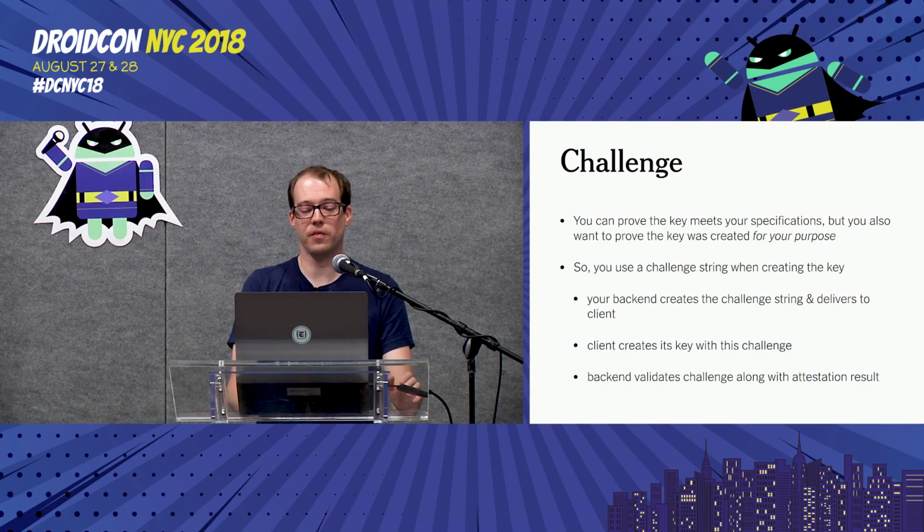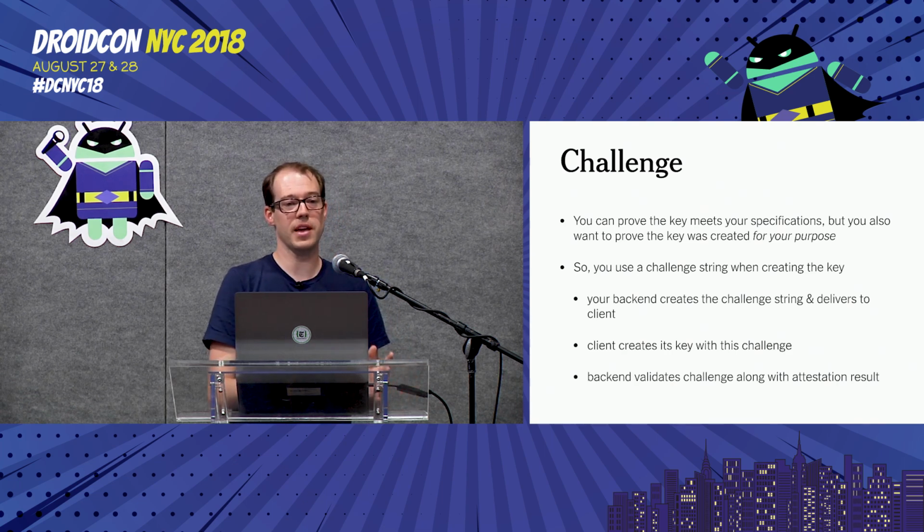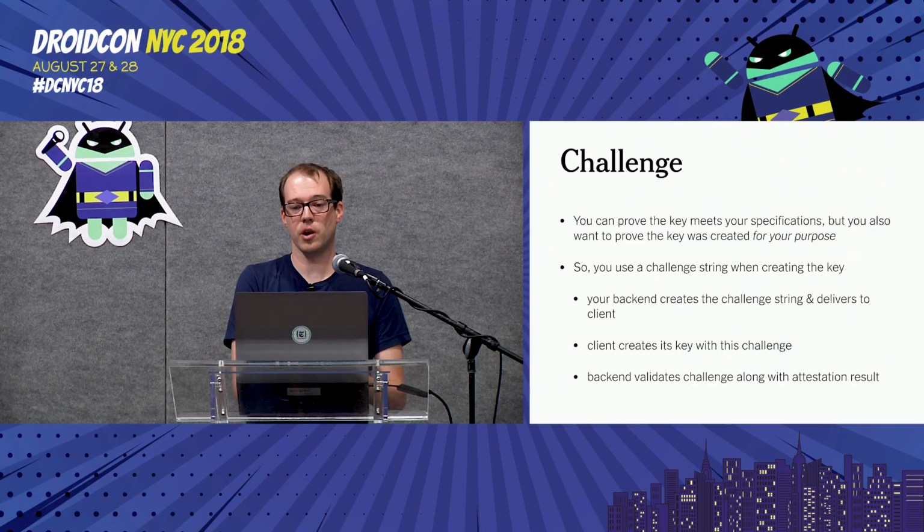Now, one other important thing is that if you've proven the key was created with the purposes that you want, you also want to prove that the key was created by your command. So you get an opportunity to use a challenge string when you create the key. Your backend might create a challenge string and deliver that to the client before you create the key. The client creates the key with a challenge baked into it.